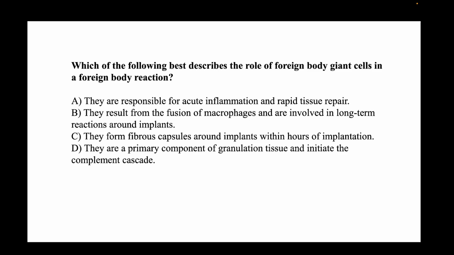They attempt to degrade or isolate the foreign material and contribute to chronic inflammatory response, which is distinct from acute inflammation and rapid tissue repair. And they do not form fibrous capsules within hours, nor do they primarily initiate the complement cascade to form granulation tissue.